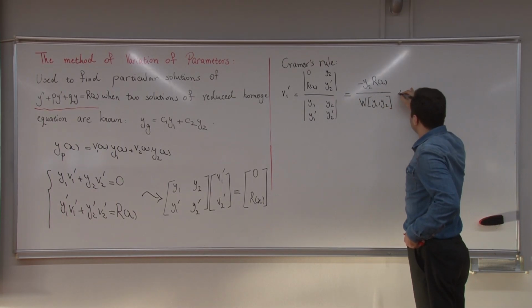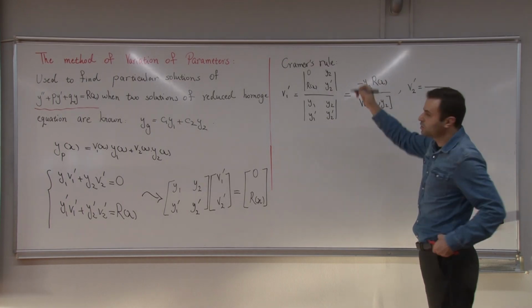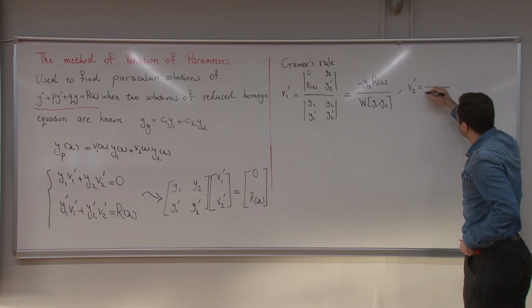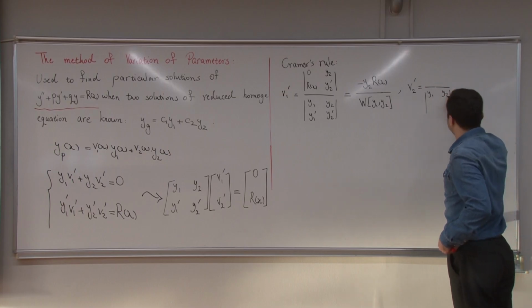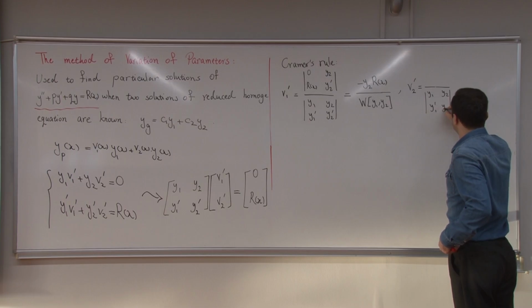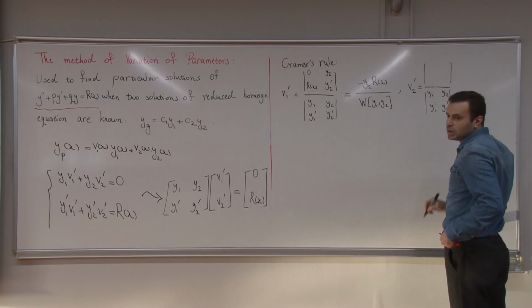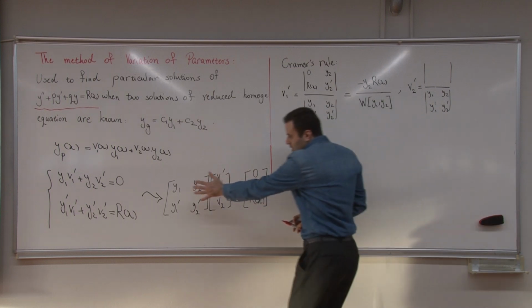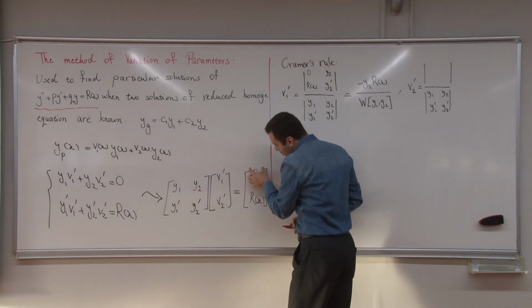And what is my v2 prime based on Cramer's rule? Again, we have the determinant of our matrix, which is y1, y2, y1 prime, y2 prime. And here I'm calculating the determinant of this matrix. But since I'm looking for the second unknown, I need to replace the second column with the right-hand side.